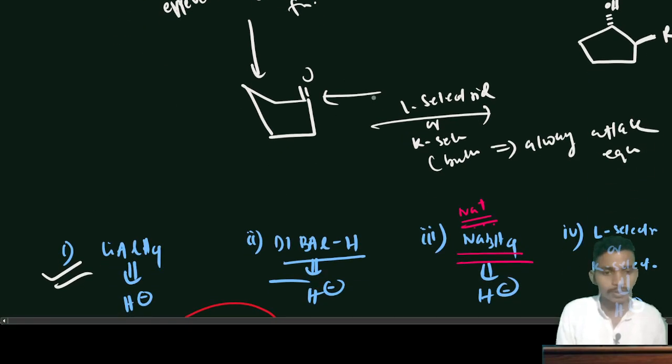Okay, so equatorial means this H minus will attack this position, and O will be like this.